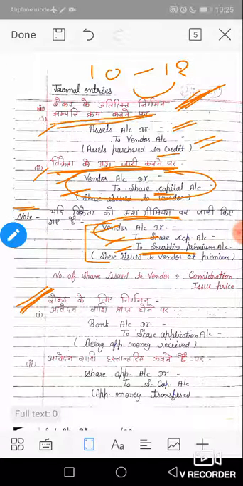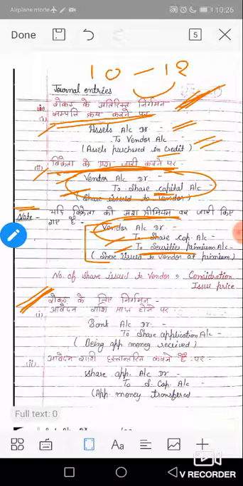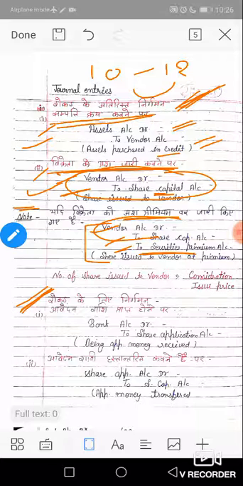So there are basically two entries, one for asset purchase and the next for issue of shares to the vendor, but the second entry has an alternate when shares are issued at a premium.